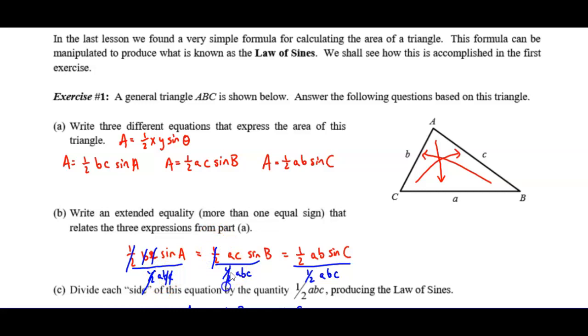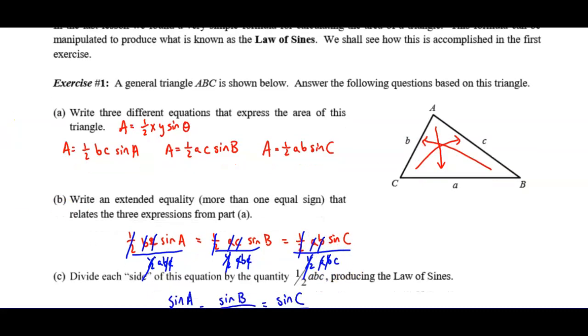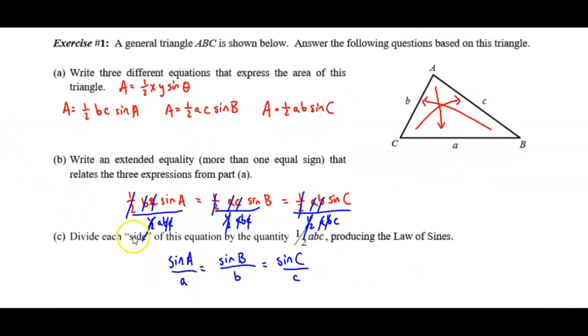In the second one, I cancel the 1/2s, the A's and the C's, and there's just a B in the denominator. The third one, I cancel the 1/2s and the A's and the B's, and so there's just a C in the denominator. So each one of these fractions has been reduced to the point where it's sine of an angle over its opposite side. So sine of A over little a, sine of B over little b, sine of C over little c.